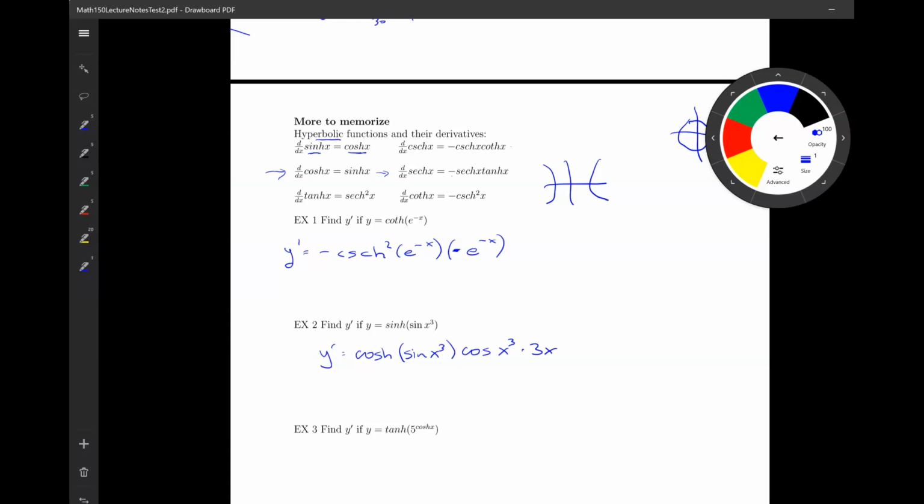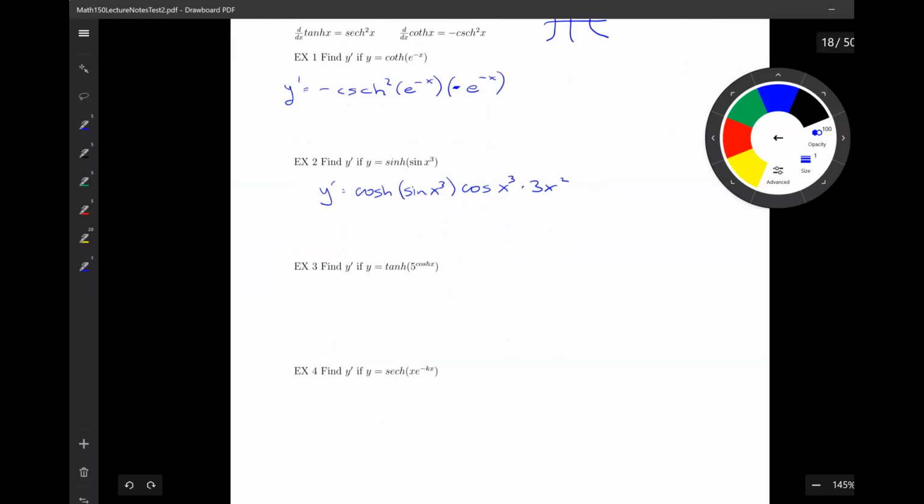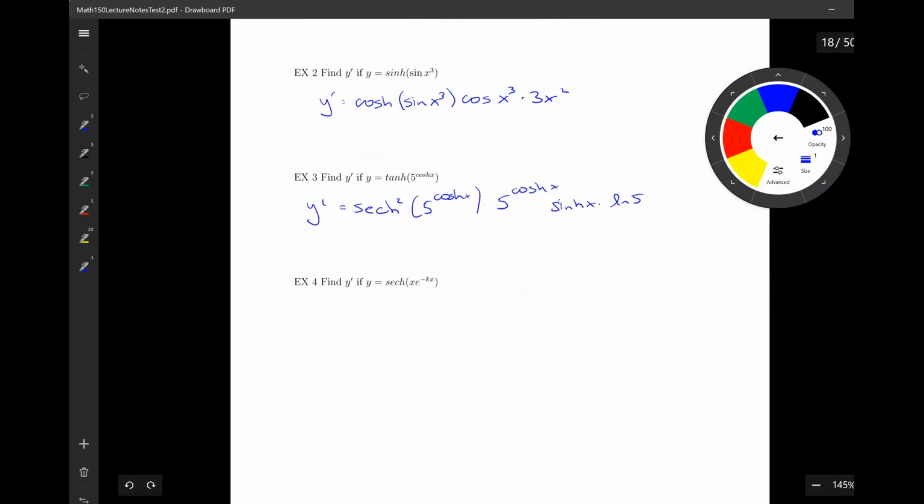And then 3x squared. Then take the derivative of hyperbolic tangent. It's hyperbolic secant squared of 5 to the cosh of x. Then I get 5 to the cosh of x times the derivative of cosh, which is sinh, and then times ln of 5.